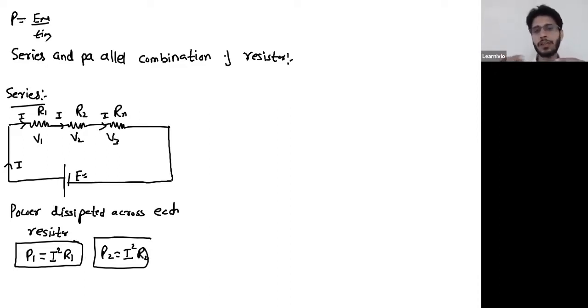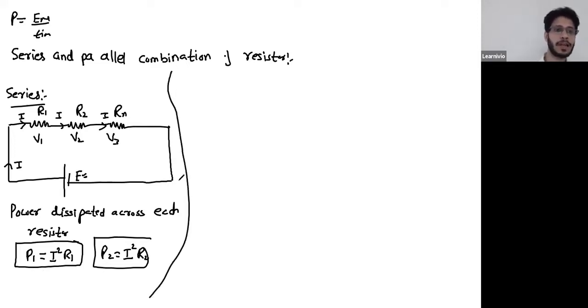The cause of heat is electrical energy converting into heat energy. And that heat energy per unit time is this power. So we're basically calculating heat energy dissipated in your resistor in 1 second. That's your power, P1 and P2. So it's I square R1 and this is I square R2. That's power dissipated across each resistor. Pn will be I square Rn.